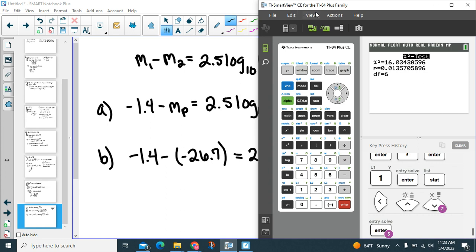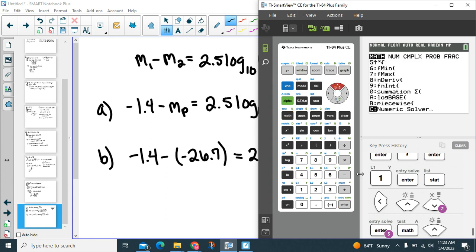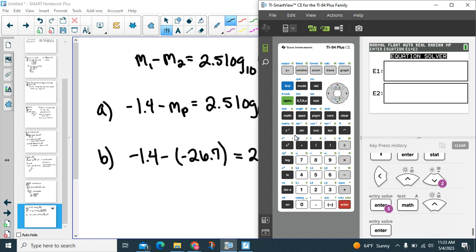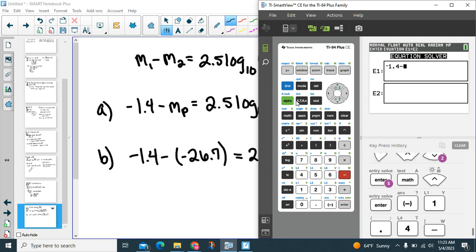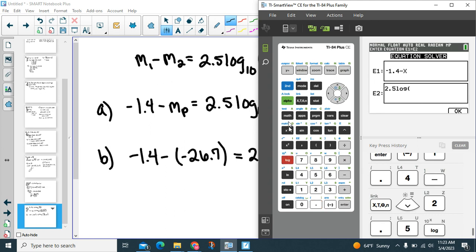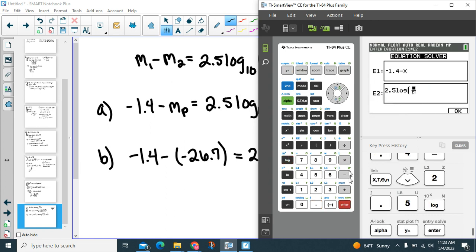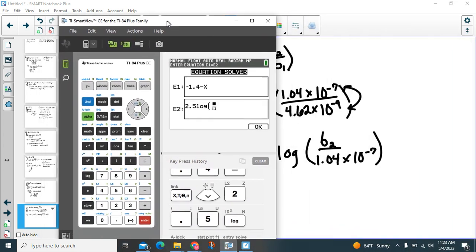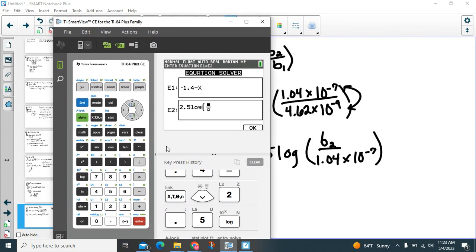All right, so I'm going to go to solver. All right, and my equation 1 will be negative 1.4 minus x. All right, and that's going to be equal to 2.5 times the log of 4.62 times 10 to the negative 7th, or negative 9th rather, sorry.